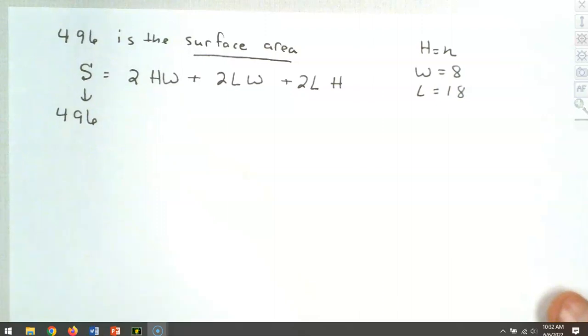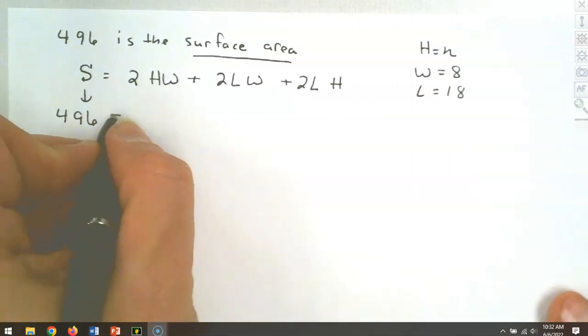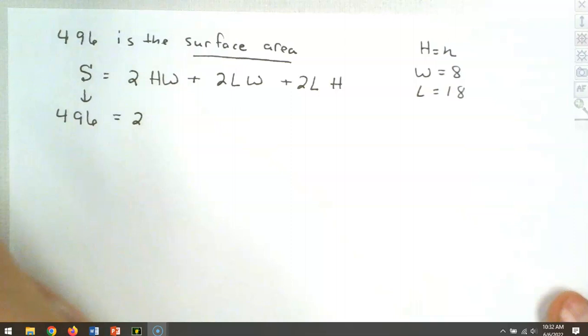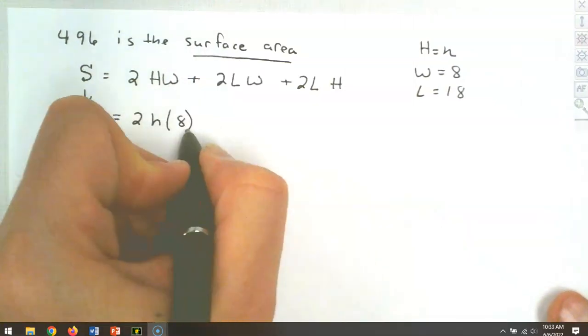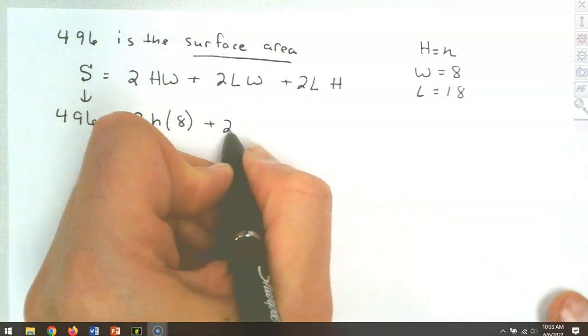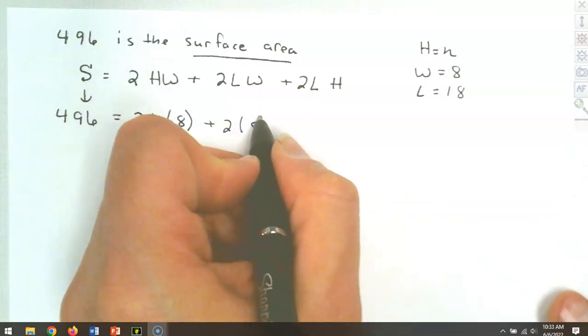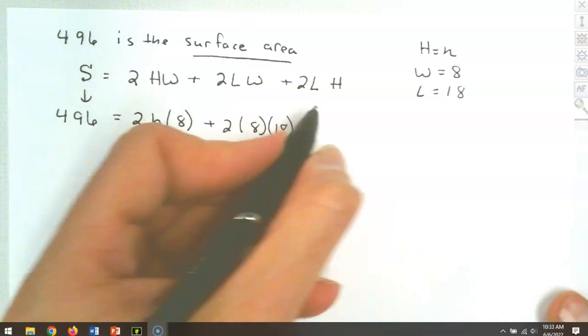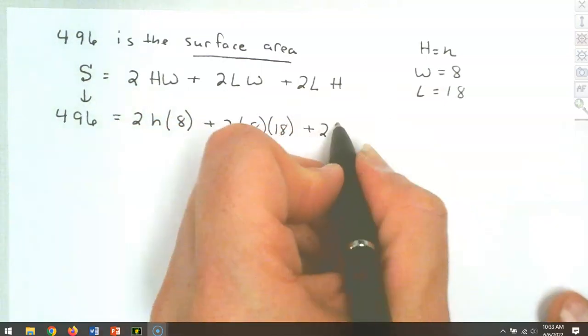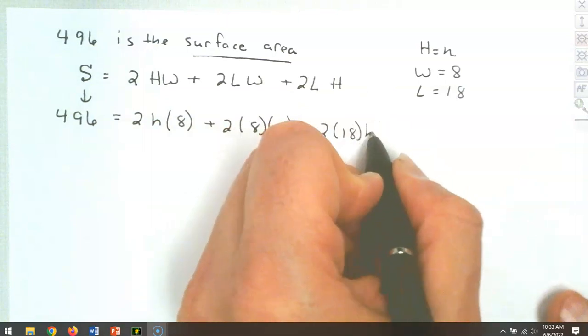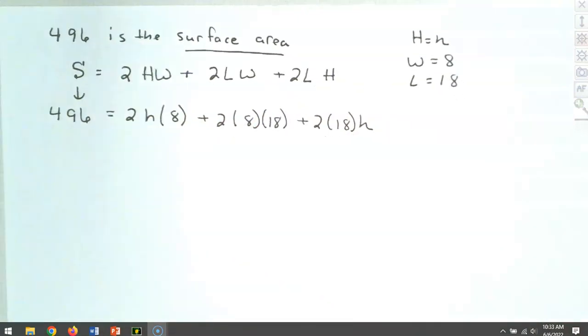So S, surface area, 496. We have 2. Height is h. Width is 8. We have 2 times 8 times 18. And we have 2 times 18 times the h. Now we can finish it. Now we've got it all correctly done.